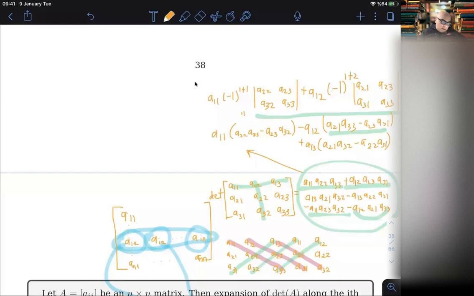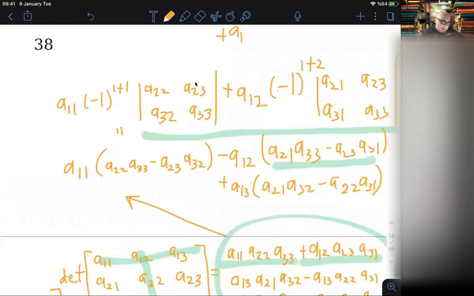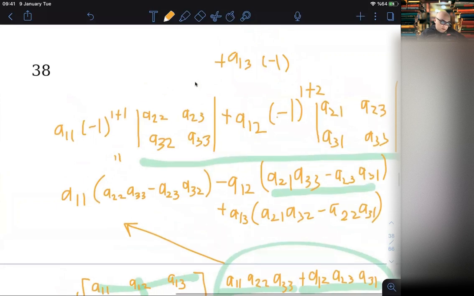So this is basically A13 times minus 1 to the power 1 plus 3, which is 1, times these terms, A21, A22, A33, A31, and A32.